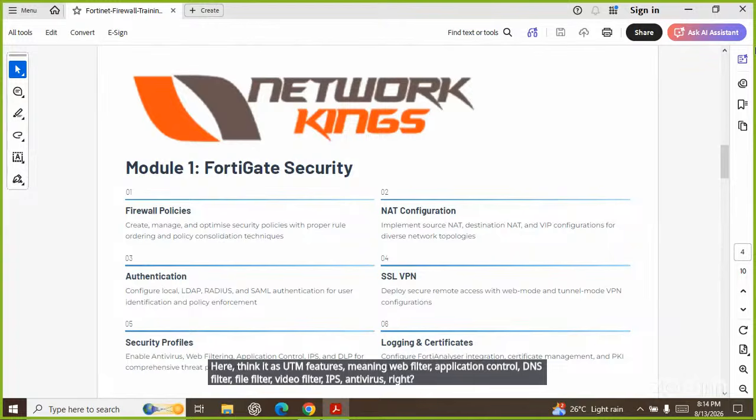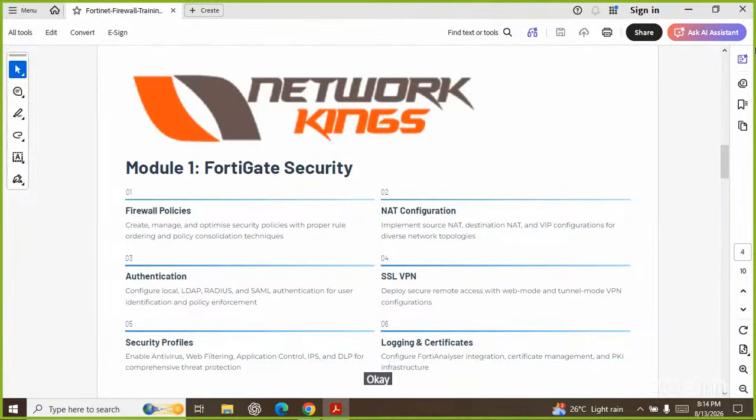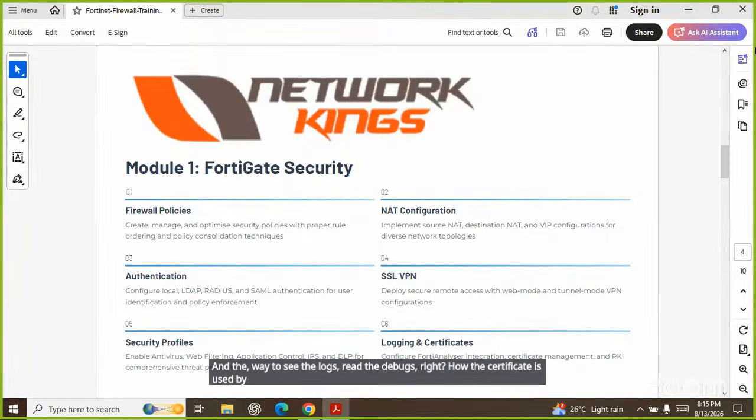So all these things will be covered. Okay. And the way to see the logs, read the debugs, right? How the certificate is used by the FortiGate firewall, where it is being used, why it is being used, right? So all these things will be covered in that.